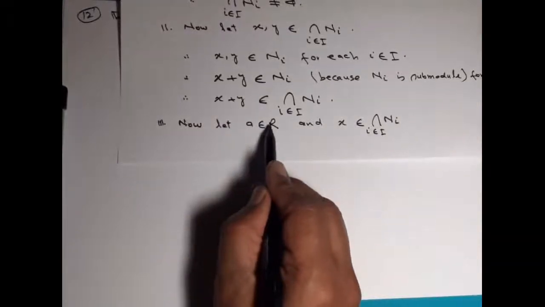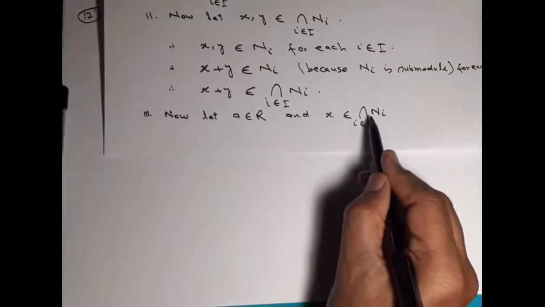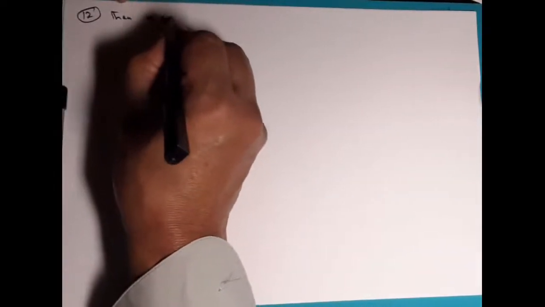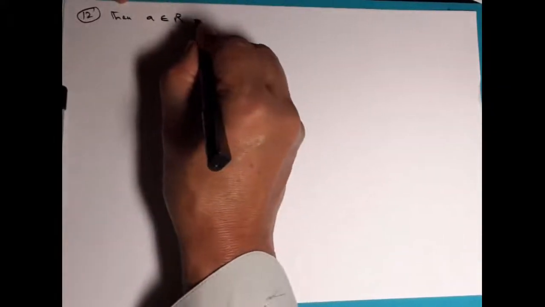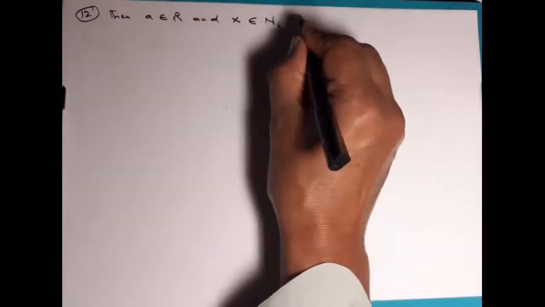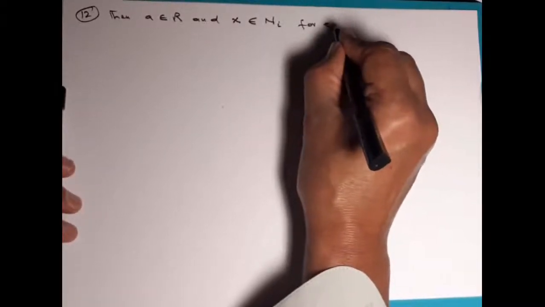Then a belongs to R, keep it as it is. x belongs to the intersection of these submodules, therefore x belongs to each of these submodules Ni for each i belonging to I.